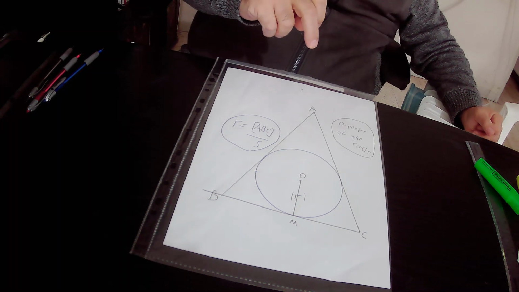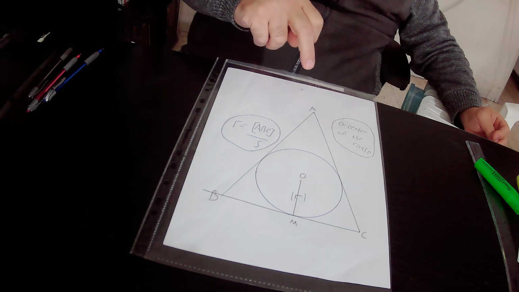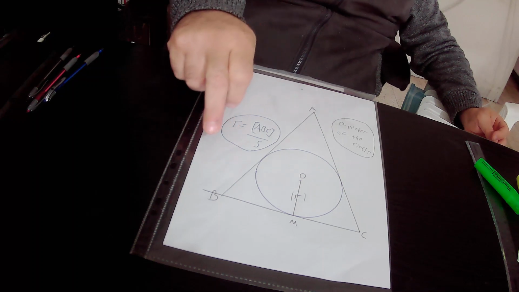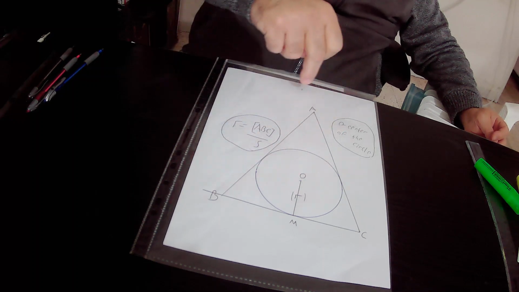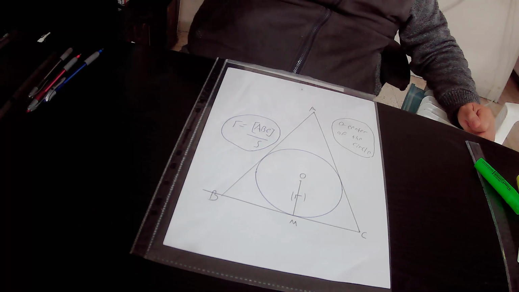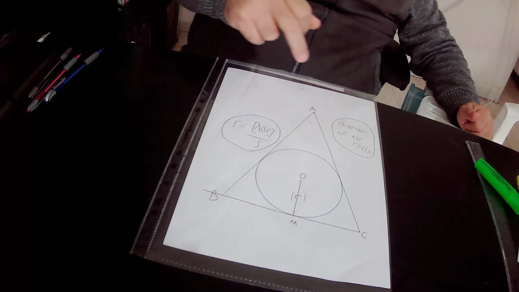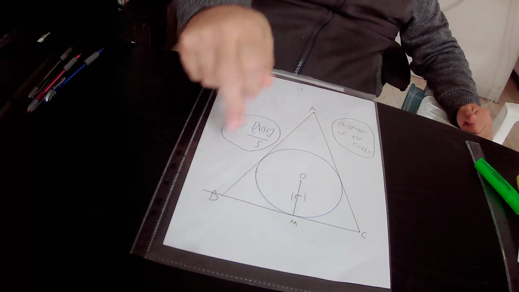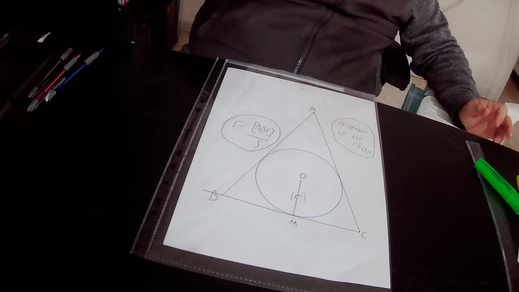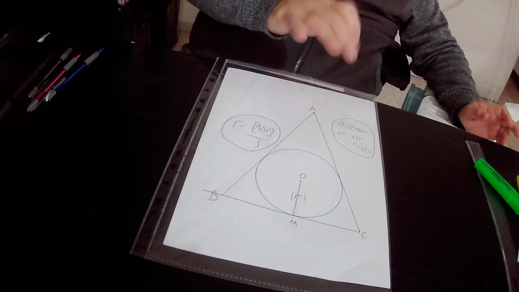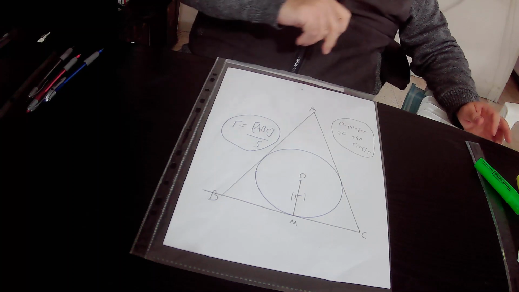The perimeter is the sum of its side lengths, that is AB plus BC plus AC, and if we divide the perimeter by 2, we get the semi-perimeter S. So it is AB plus BC plus AC over 2. It is equal to the semi-perimeter of this triangle ABC.